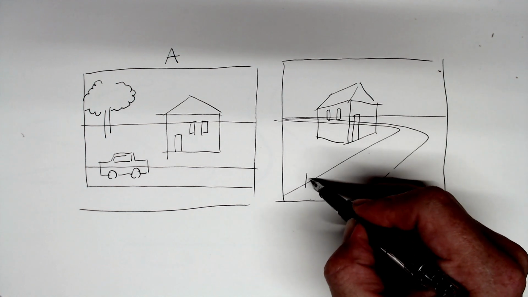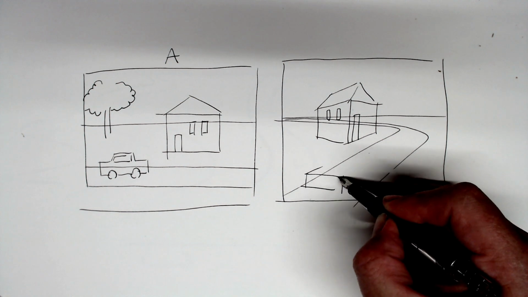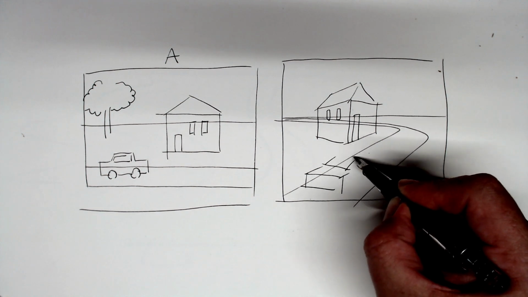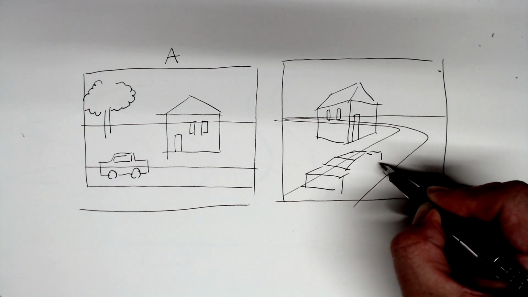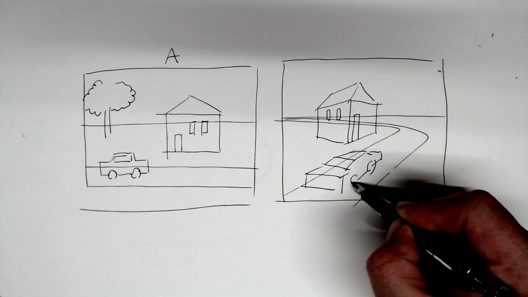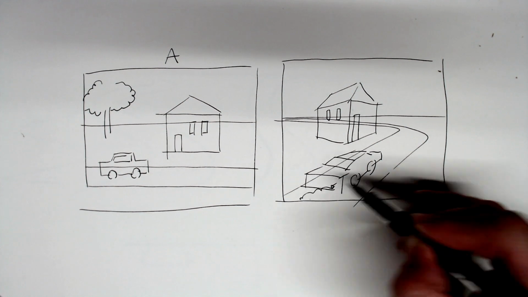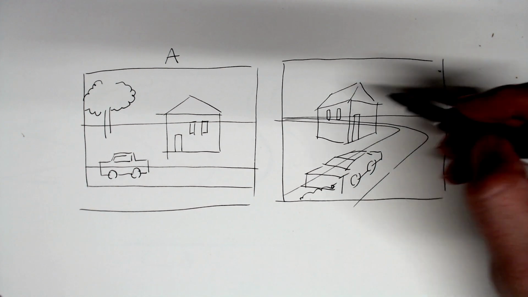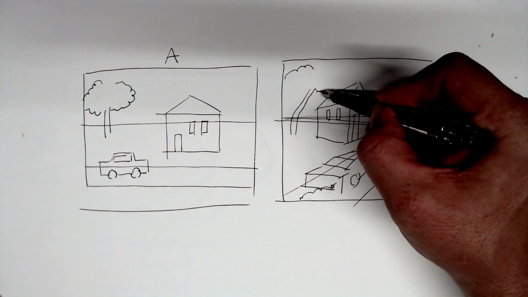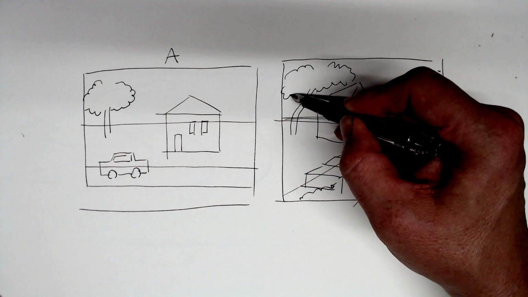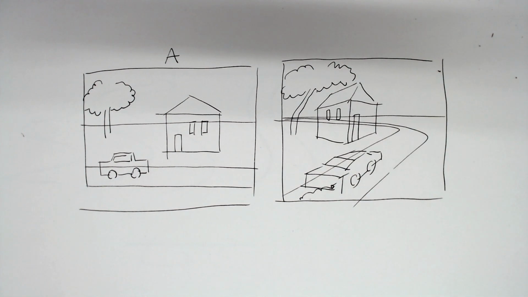And our car looks like this. And our tree, let's place it right here. Looks like this.